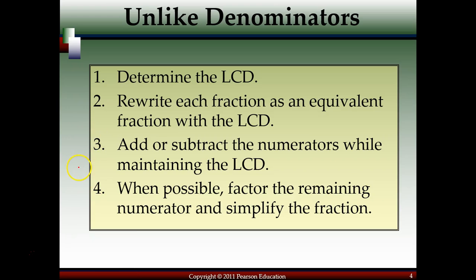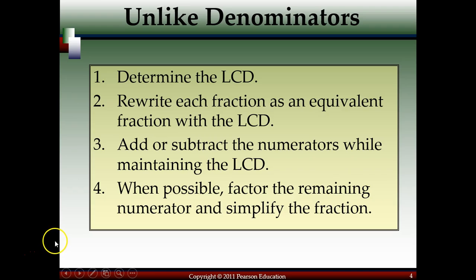All right, so now we're going to do a couple of examples that deal with unlike denominators. And just like in adding and subtracting fractions that have unlike denominators, we go through the same steps here. So we need to determine the LCD, write each fraction as its equivalent fraction with the LCD, then add or subtract the numerators while maintaining that same LCD, so keeping the denominator the same.